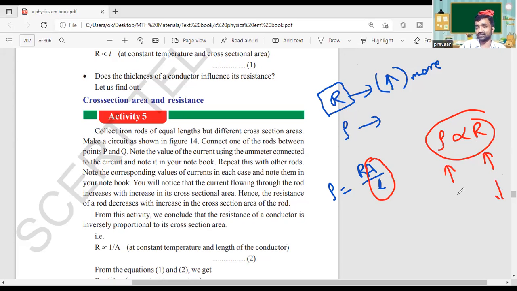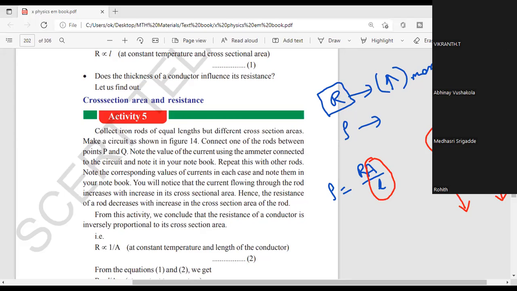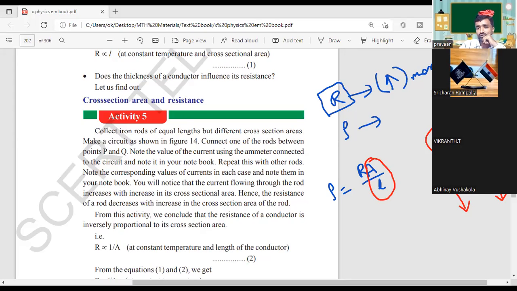Resistance decreases, resistivity decreases. Same way. That is only directly proportional. Have you got an idea clearly about this resistivity and resistance relation? Use your quick reaction. How are they related? Right? So got an idea, okay.